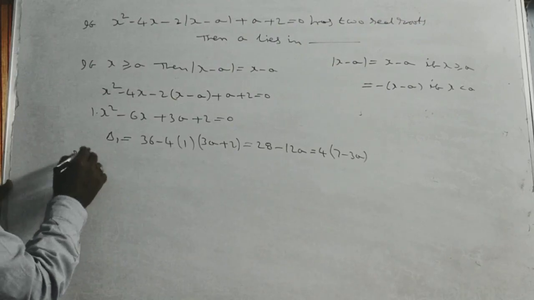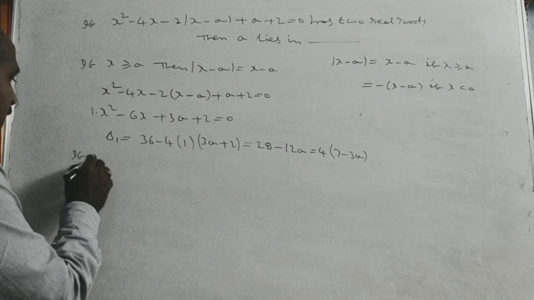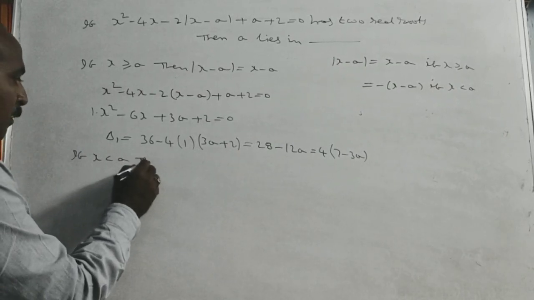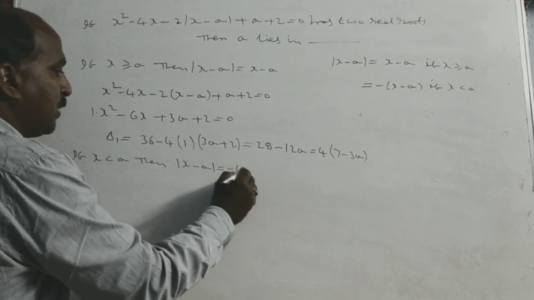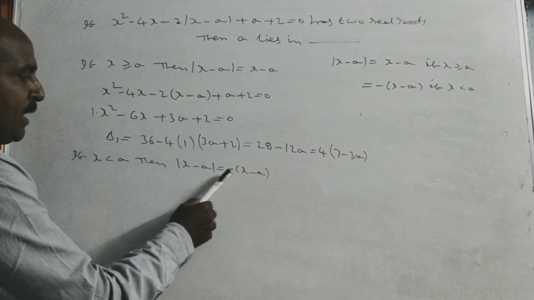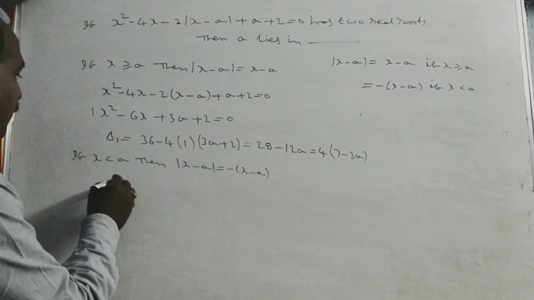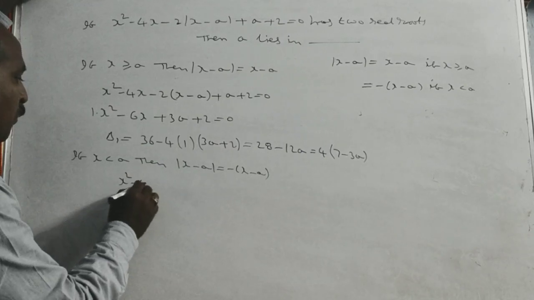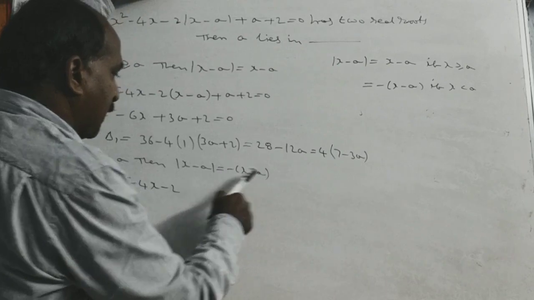In case 2, we take x < a. If x < a, then |x − a| is −(x − a). Put |x − a| = −(x − a) in this equation, we get x² − 4x − 2 into −(x − a) + 2 = 0.